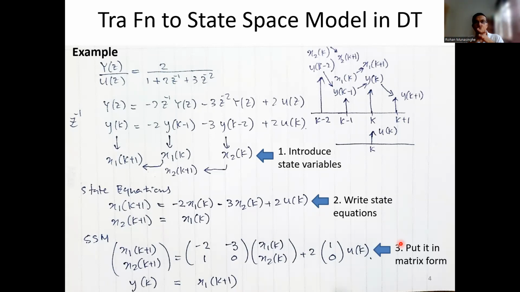It has present time, that is k, and then k plus 1, or k minus 1, k minus 2, k minus 3, k minus 4, like that. It goes to infinity. It's a very long chain. Now in control systems, we want to package these dynamic systems into a much more compact and manageable format.